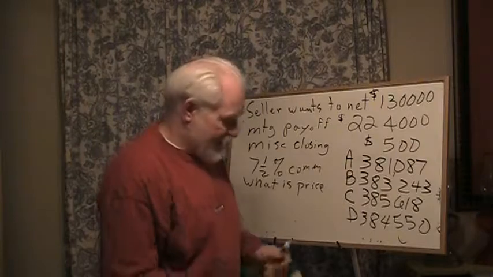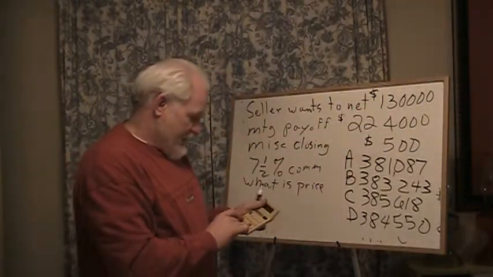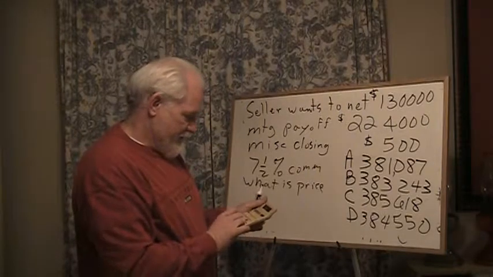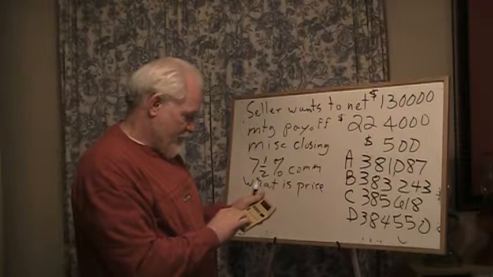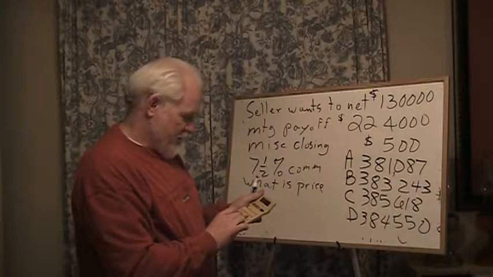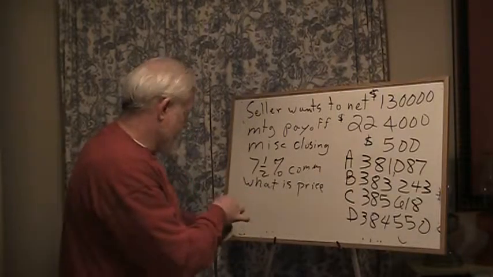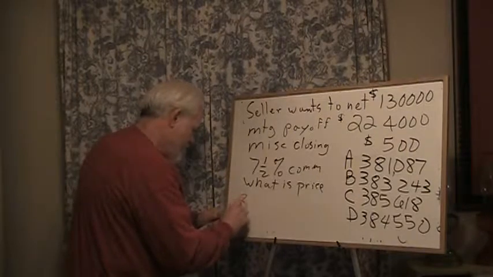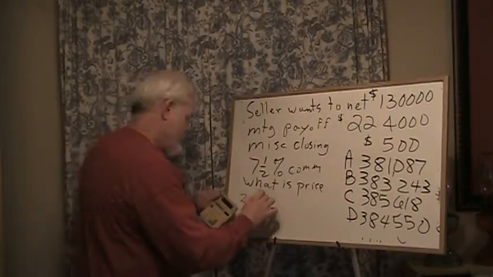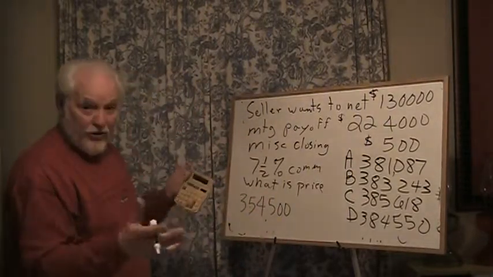So let's take our calculator and let's add these numbers up and see what they come to. $130,000 plus $224,000 plus $500 equals $354,500.